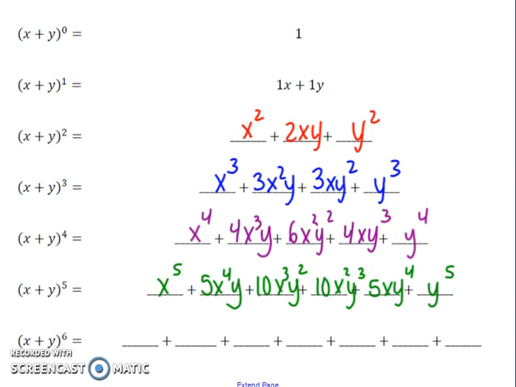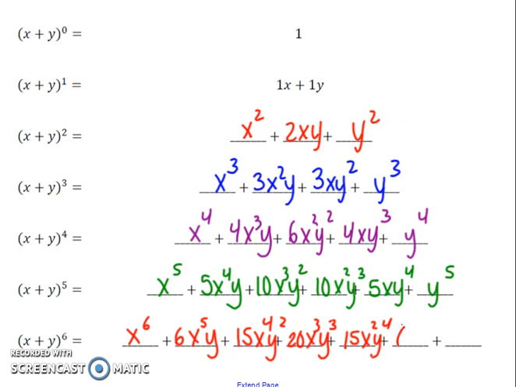And the last row, we'll have x to the sixth plus 6x to the fifth y plus 15x to the fourth y to the second plus 20x to the third y to the third plus 15x squared y to the fourth plus 6xy to the fifth plus y to the sixth.